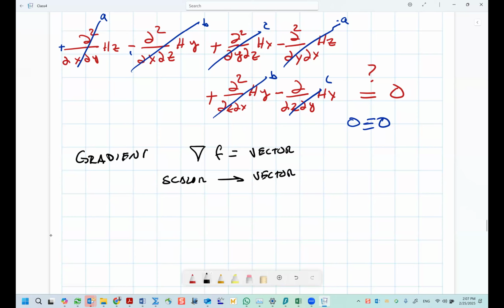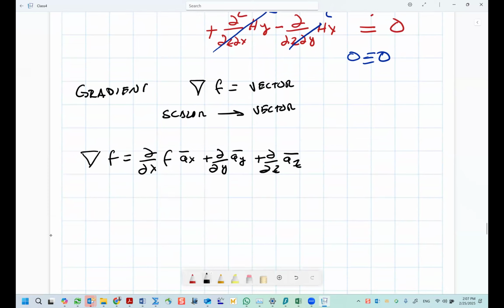And this vector, the gradient of f, is d/dx of f in the direction of x plus d/dy in the direction of y plus d/dz in the direction of z.